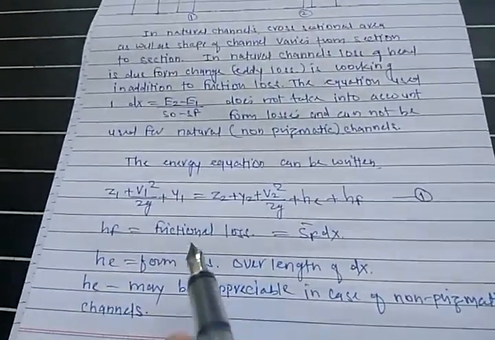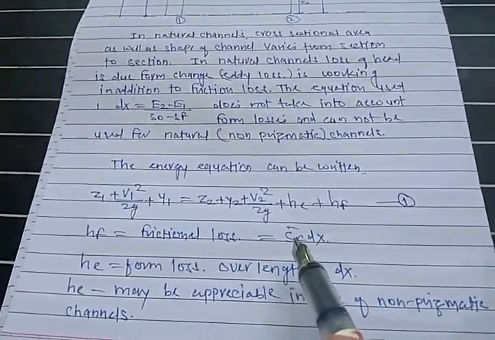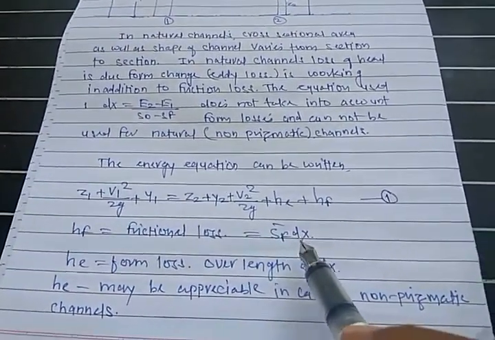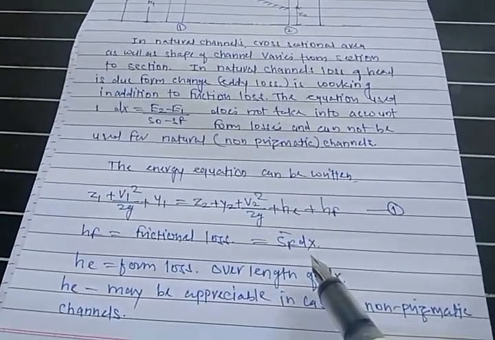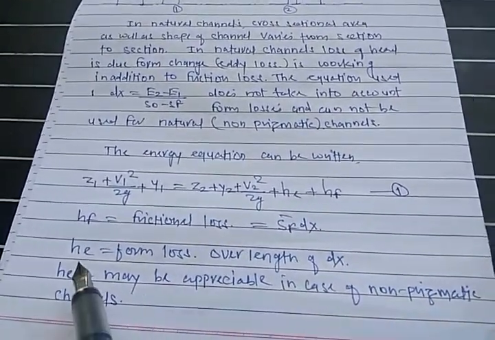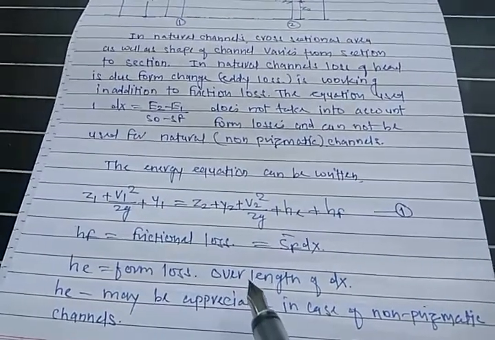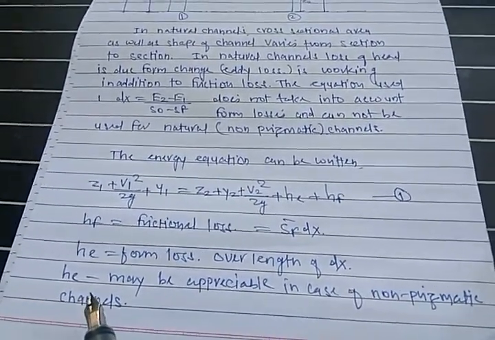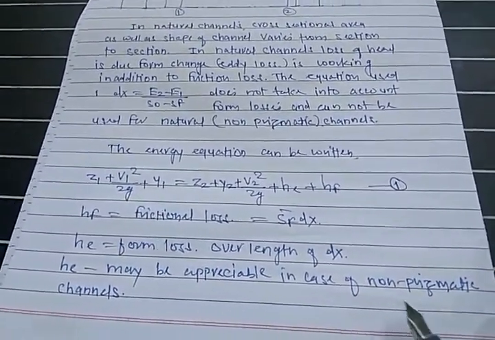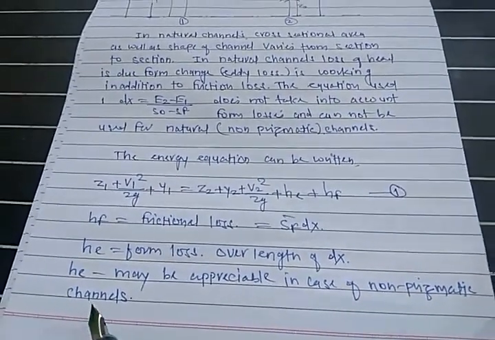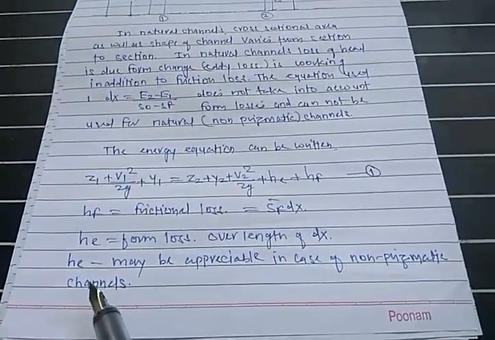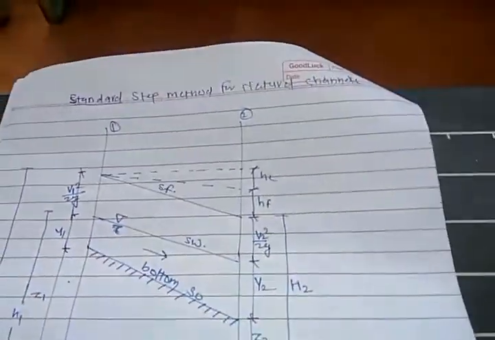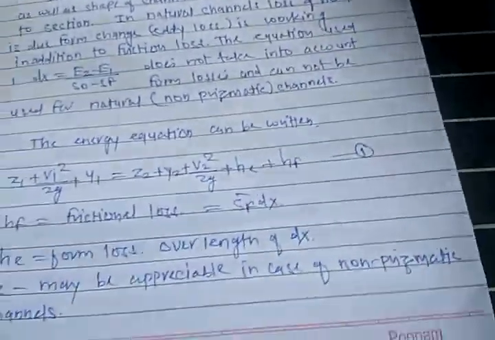HF, frictional loss, is equal to SF bar dx, which we derived earlier when the direct step method was being discussed. And HE is the form loss over a length dx. HE may be appreciable in the case of non-prismatic channels, because there are frequent changes in the shape. Otherwise it doesn't play a much greater role.